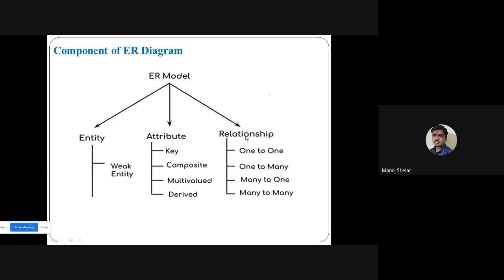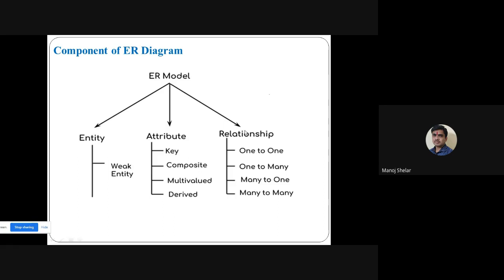And the next one is relationships. In the ER model we basically focus on entity, attribute, and relationship. There are one to one relationship, one to many relationship, many to one relationship, and many to many relationship. These are the abstract levels of the ER model. So in ER, focus on entity, attribute, and relationship. In detail, we will see the entity types, then attributes, and then relationships.